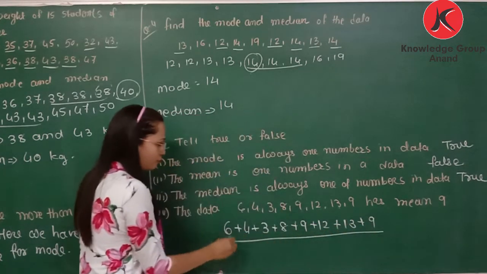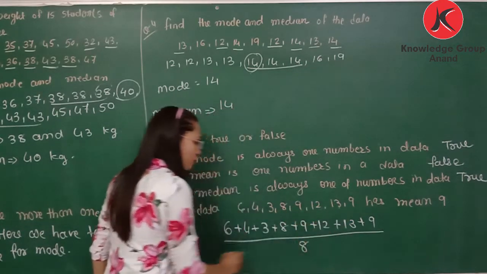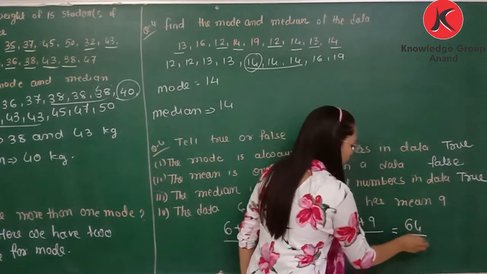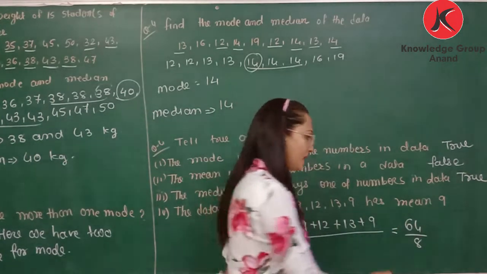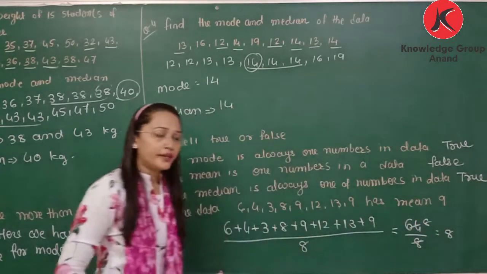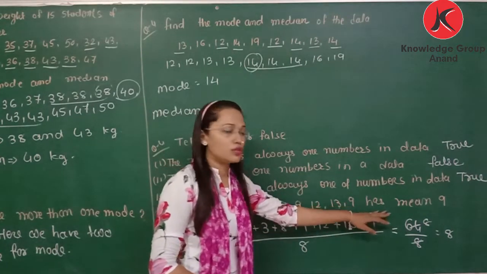Now here how many values are given? 1, 2, 3, 4, 5, 6, 7, 8. If you add all these numbers, you will get 64. And 64 divided by 8 will give 8. So here the mean is 8, and in the statement it is written mean is 9. So it is a false statement.